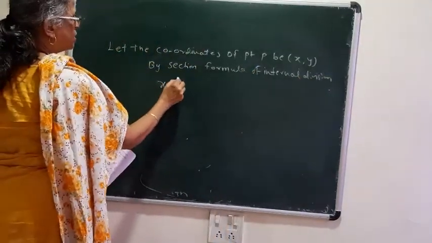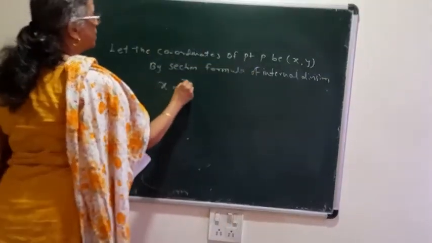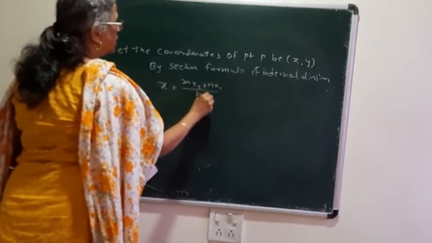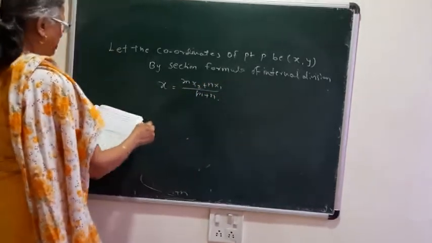The x coordinate of P will be m x2 plus n x1 upon m plus n.